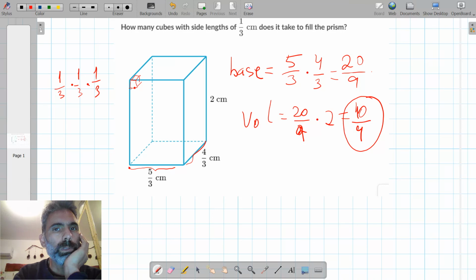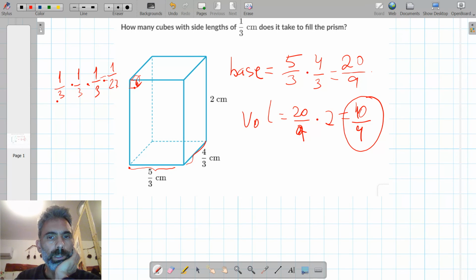Because the volume of each little cube is calculated by multiplying the base times the height, and the base is 1/3 times 1/3, because the length of the side is 1/3 times the length of the other side 1/3, and times the height is 1/3. So this is the volume of each little cube. So it's 1 over 27.